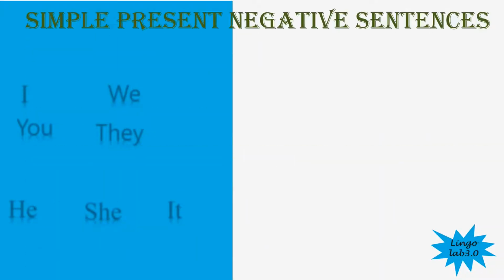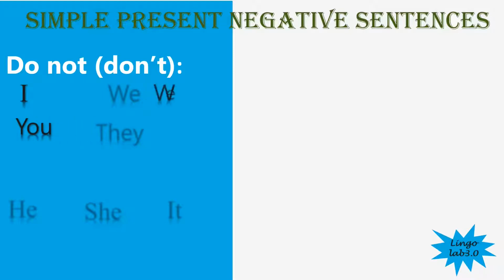As we saw in the previous slide, in order for us to make a sentence negative, we have to use do not or don't. We use it with the following pronouns: I, you, we, they.